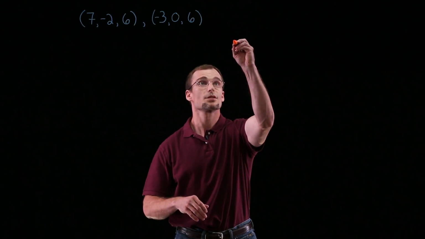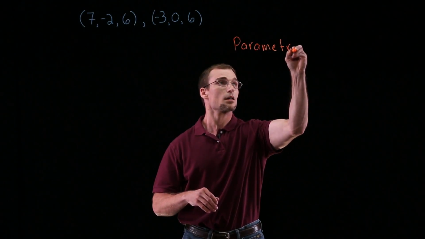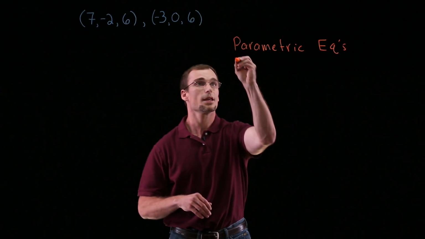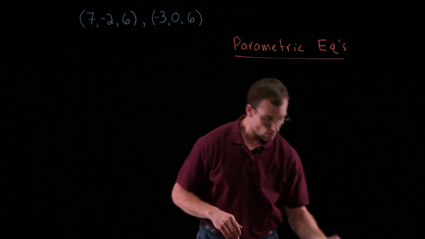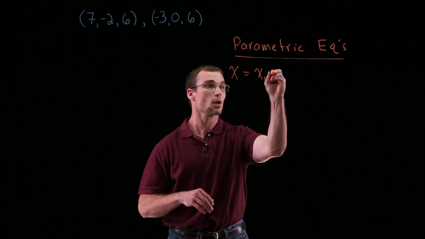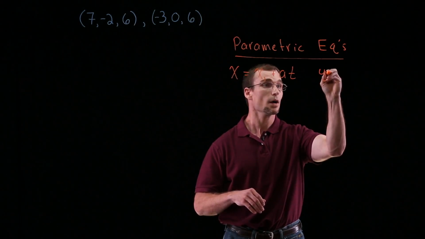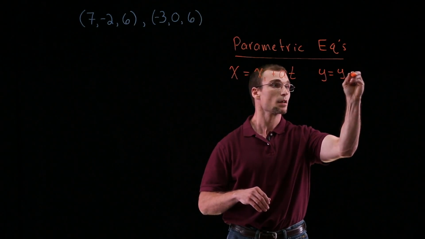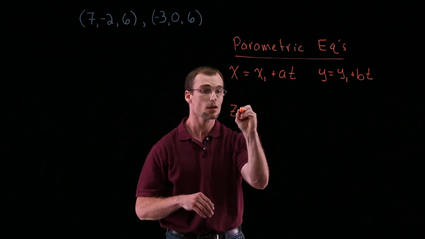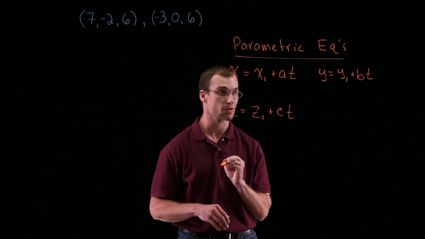So our parametric equations are given as x equal to x1 plus a times our parameter t, y equal to y1 plus b times our parameter t, and z equal to z1 plus c times our parameter t.